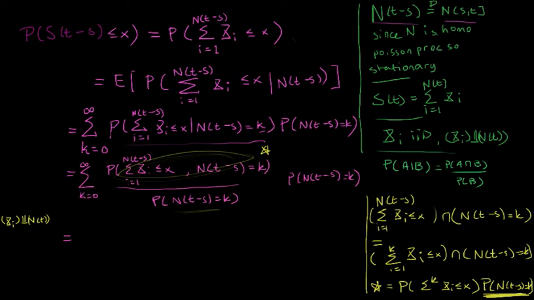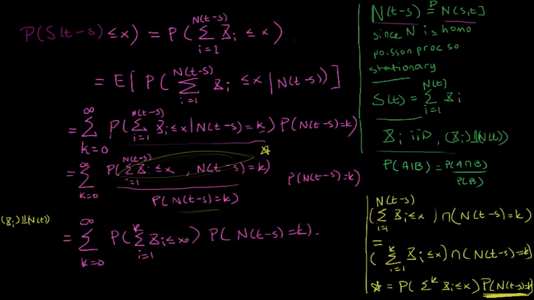So, summa summarum, what we have is the sum from 0 to infinity of the probability that the sum of Xi's up until k is smaller than or equal to x, multiplied by the probability that N of t minus s is equal to k.